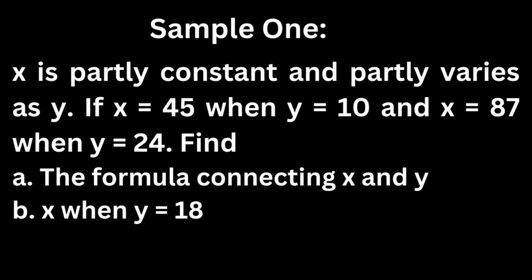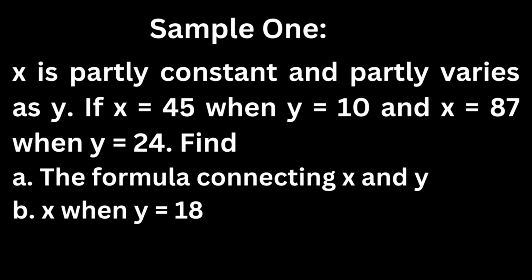It says x is partly constant and partly varies as y. If x is equal to 45 when y is equal to 10, and x is equal to 87 when y is equal to 24, A, find the formula connecting x and y. B, find x when y is equal to 18.